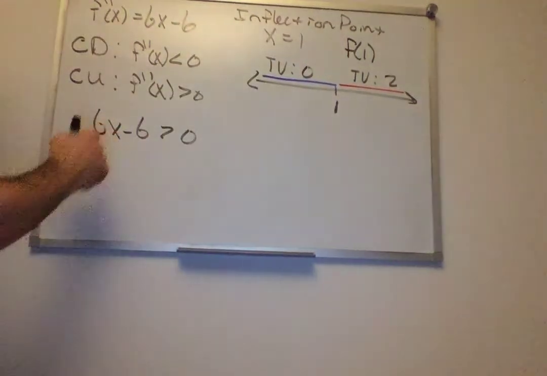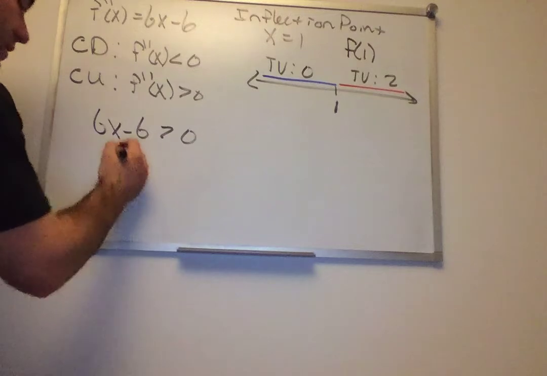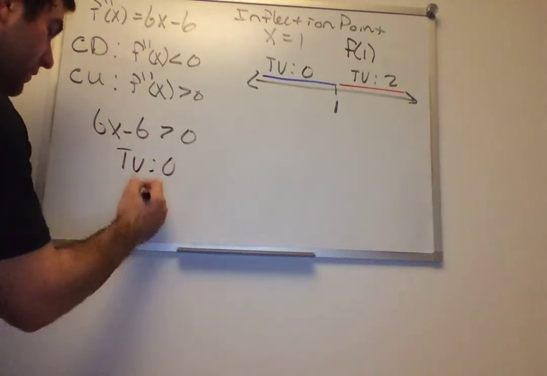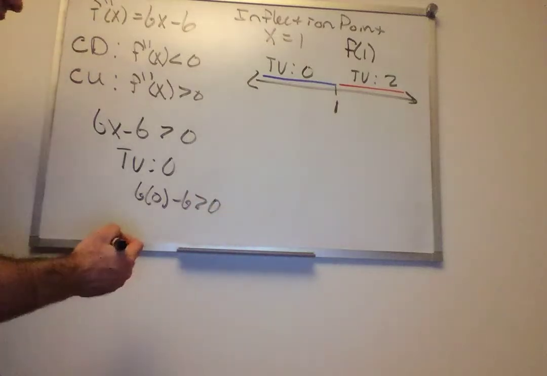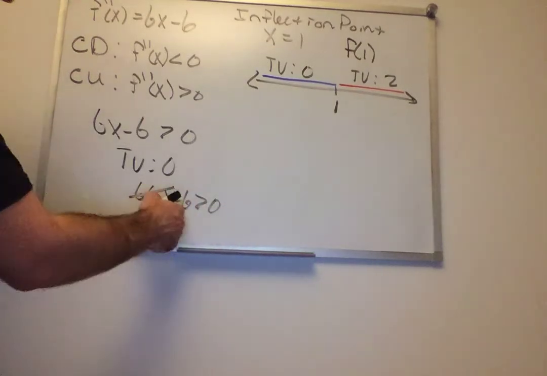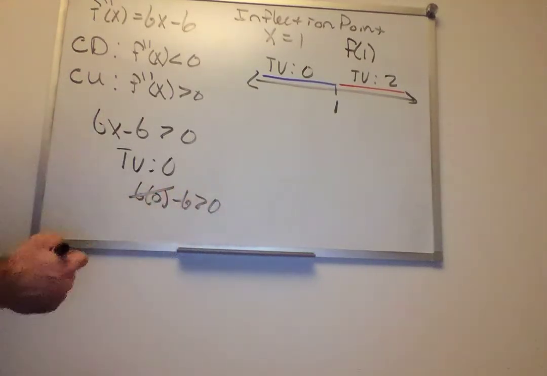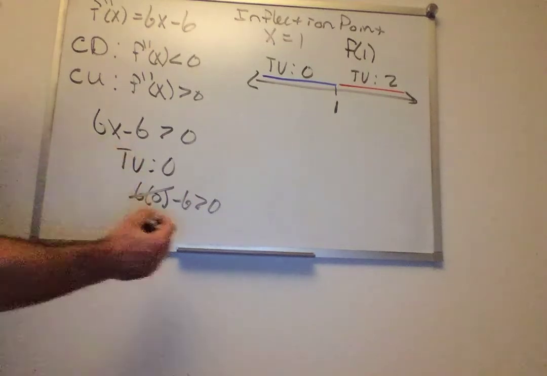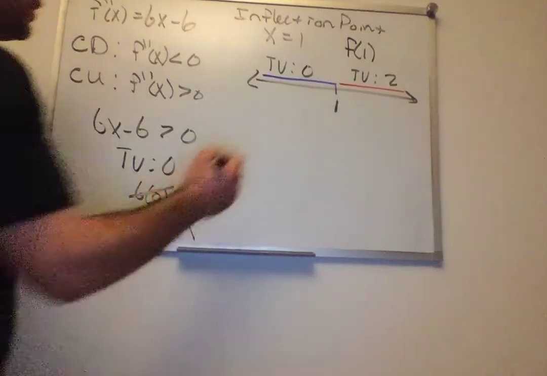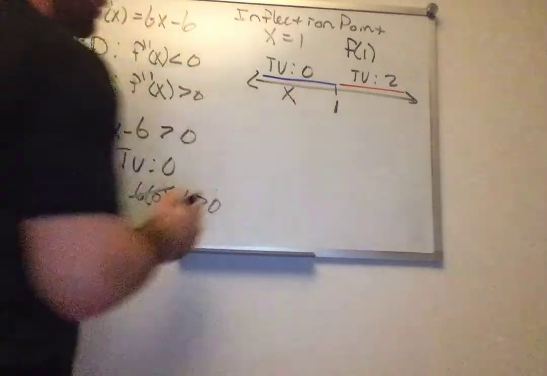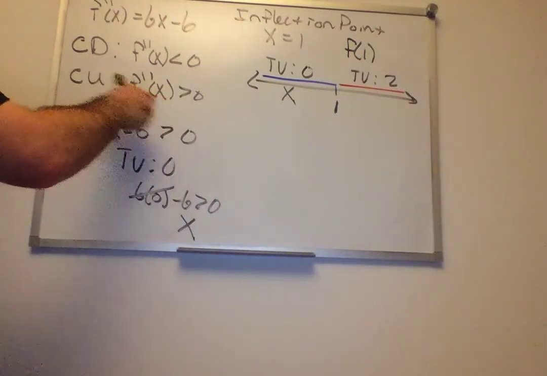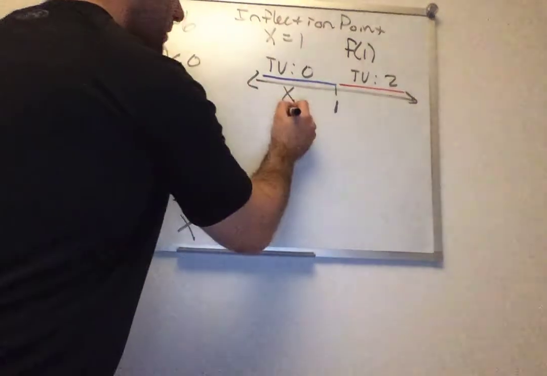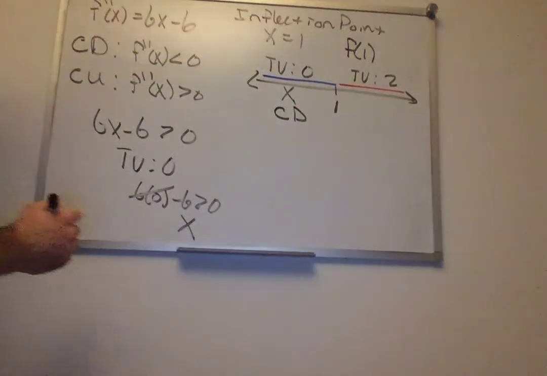So plug in 0: 6 times 0 minus 6. Is that greater than 0? Well, that's negative 6. Negative 6 is not greater than 0. So this interval did not work. It's not concave up, so it must be concave down.